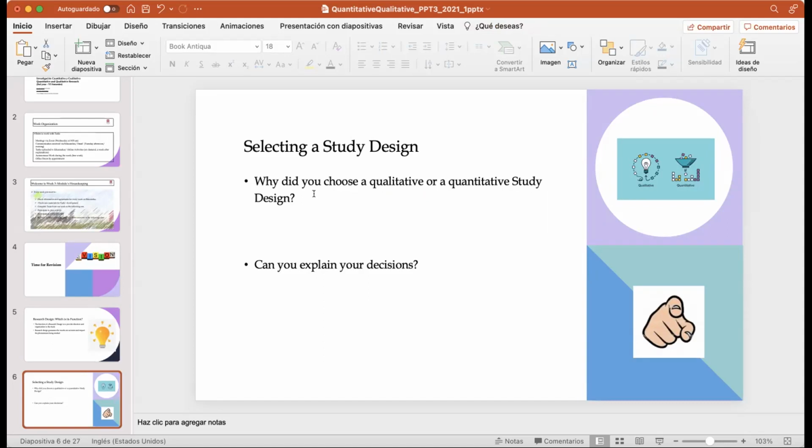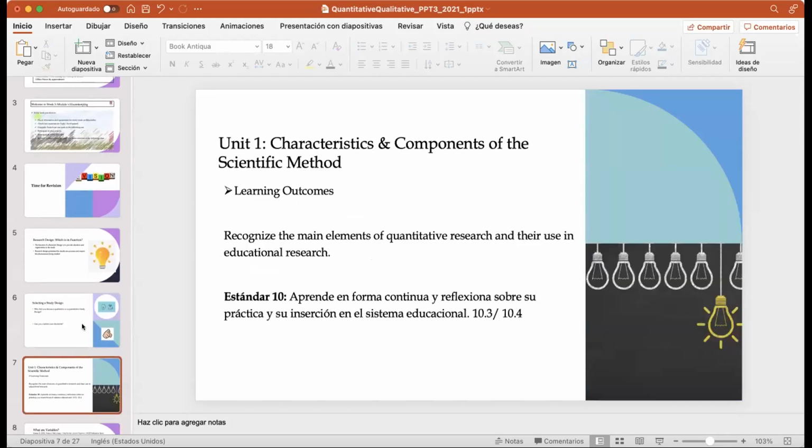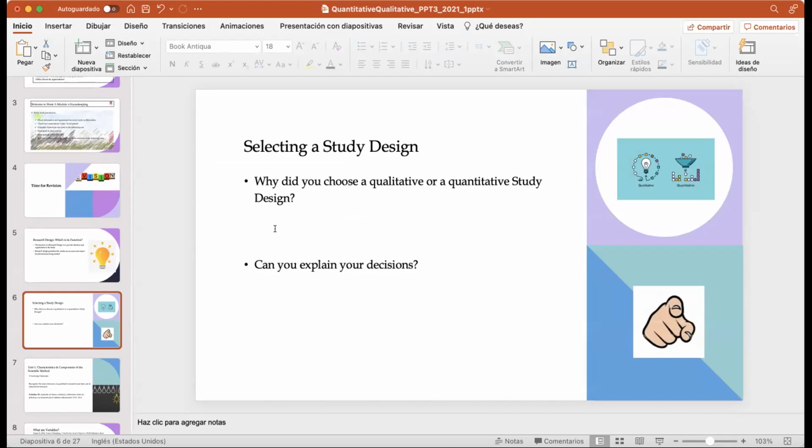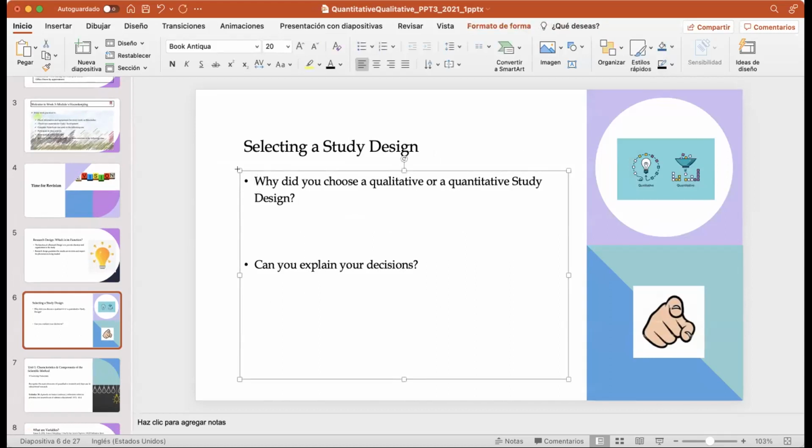Why do you think in your studies, we described them briefly last Wednesday. Why did you choose that research design? And remember your task, this chart that you need to upload to Educandos.